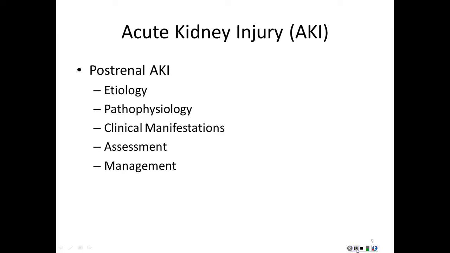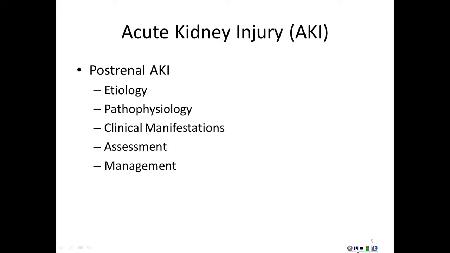What we're having is basically a backup of fluid up into the kidneys. When the pressure in the kidney tubules, the intrarenal pressure, exceeds the glomerular pressure, glomerular filtration stops. This allows nitrogenous waste to collect in the blood, increasing the BUN and serum creatinine levels.